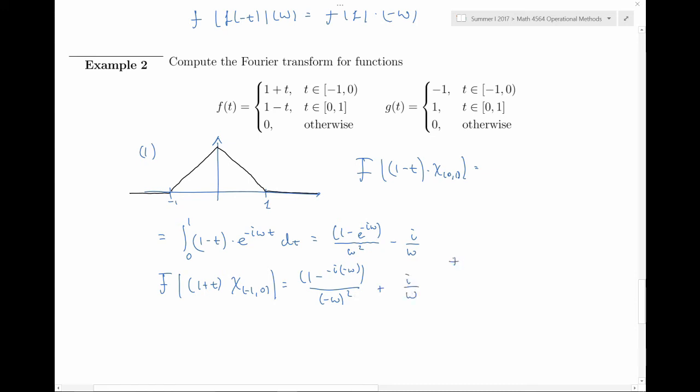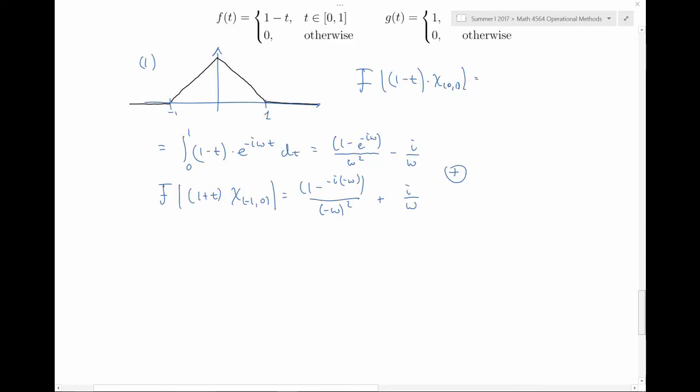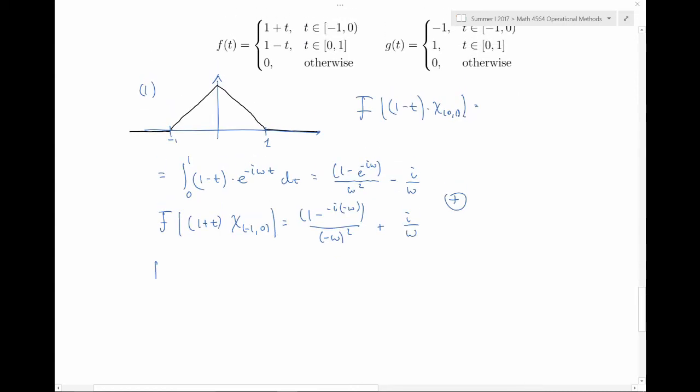When I add these together, I get that the Fourier transform of f is 1 over omega squared multiplied by 2 minus e to the i omega plus e to the minus i omega, and i over omega cancels out.